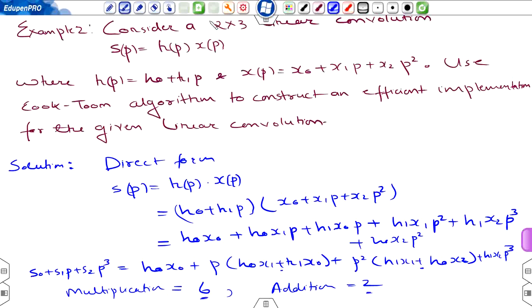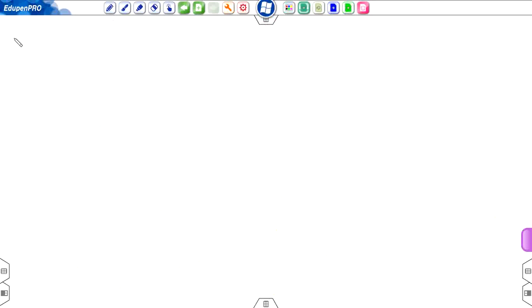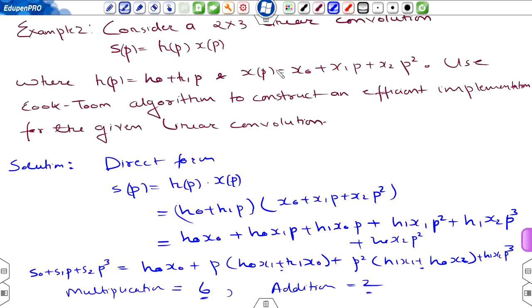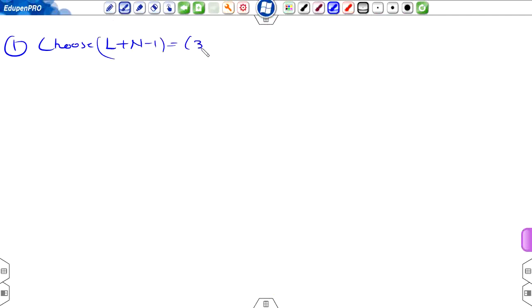Now we will implement it using Cook-Toom algorithm. The first step is to choose L plus n minus 1, where L is 2 and n is 3, so 3 plus 2 minus 1, that is 4.